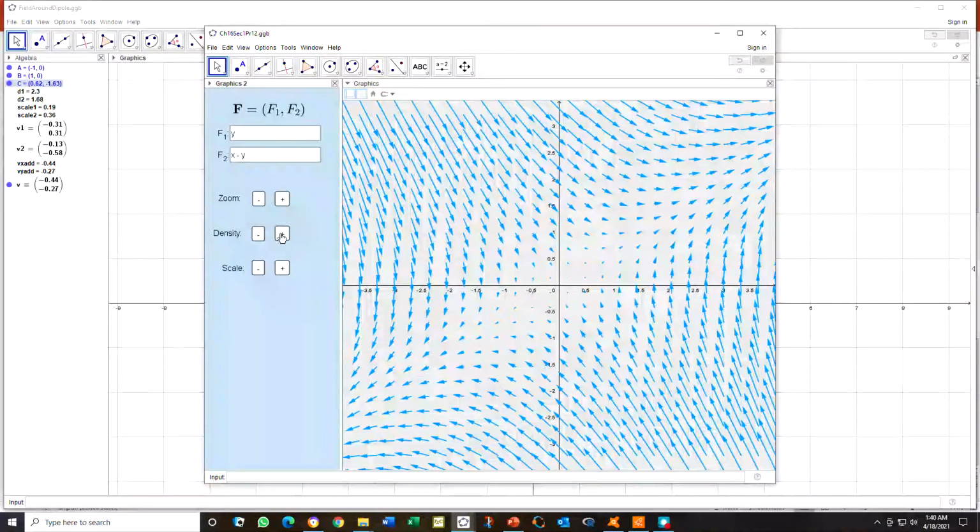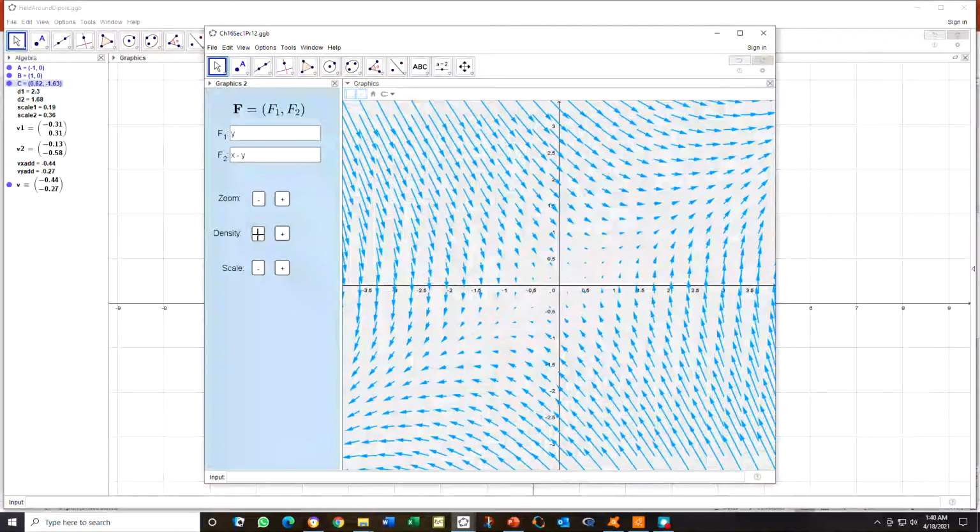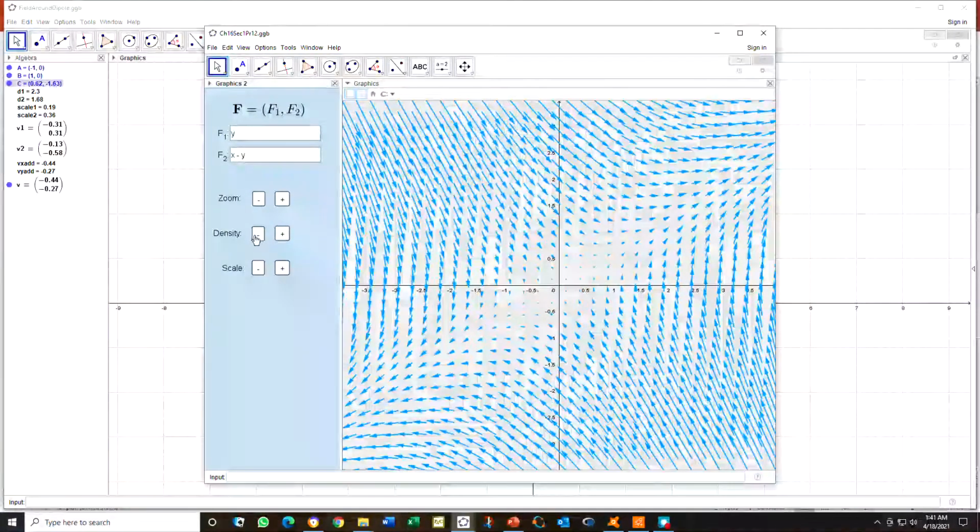Density, I like this density button. So it'll draw more. I think maybe that's the limit. I had to set a limit to it. Cool. So this is what a vector field looks like. It's kind of like what we did there, except that it picked a nice grid of points.